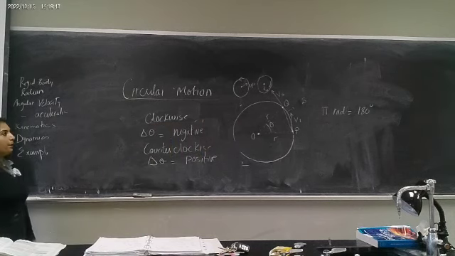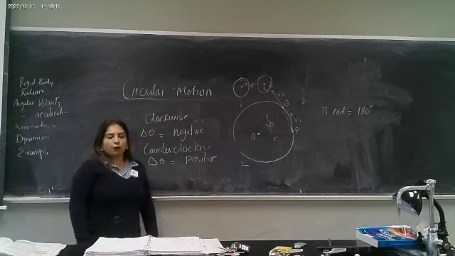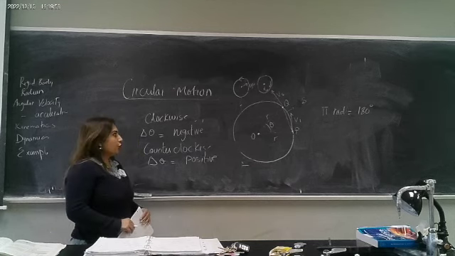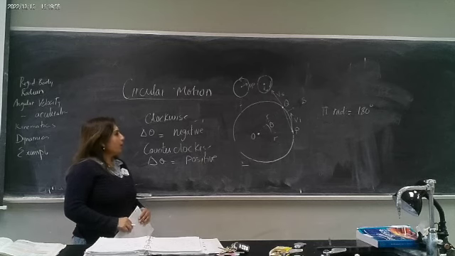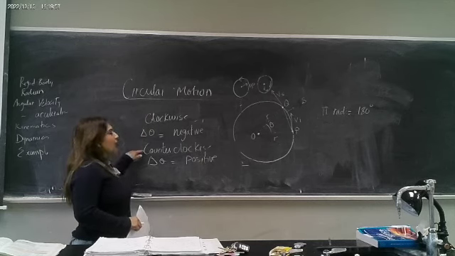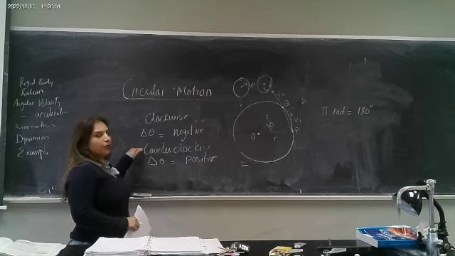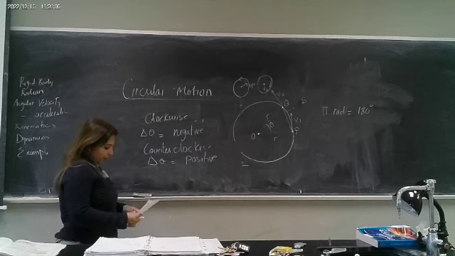But in your textbook, the direction of omega is not very crucial. If you can work with the clockwise motion and counterclockwise motion and know which one is going to be positive and which one is going to be negative, you should be good for solving the problems.